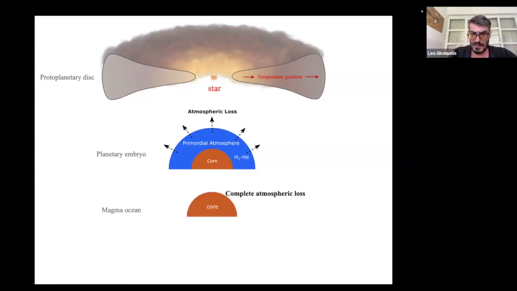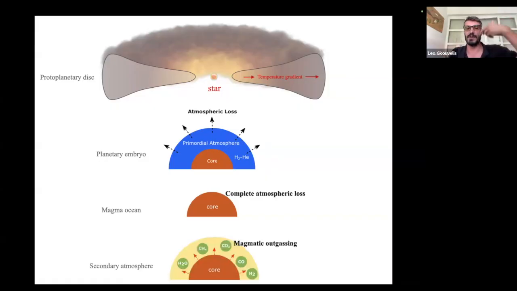This, of course, will be lost very fast because we are talking about hydrogen and helium here. And I will explain later why this is lost very fast in the birth of the planet. And then this hot rocky planet stays behind, and the atmosphere that is generated later is what we call a secondary atmosphere, because it comes in later stages in the lifetime of rocky planets.